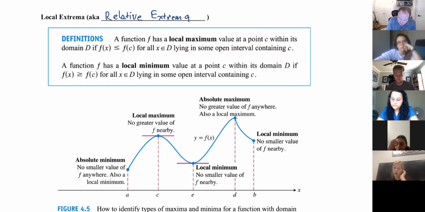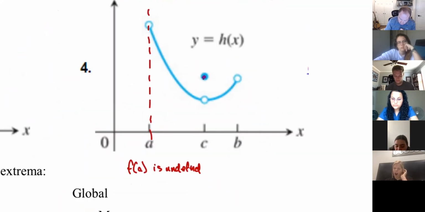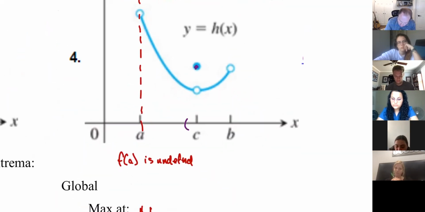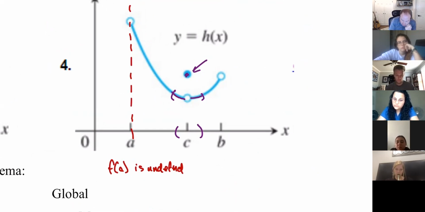So think about this open interval about C. You could look from a little bit left of C to a little bit right of C. And if you were to trace this part of the graph and let this be the endpoint, is this value higher than all of these? Yeah, this one is a little bit higher.